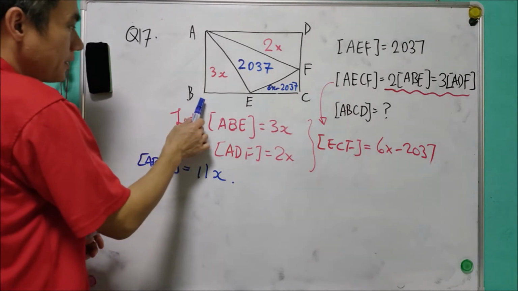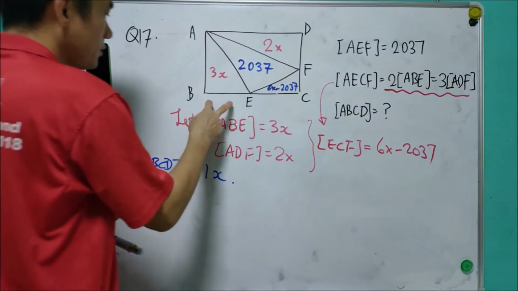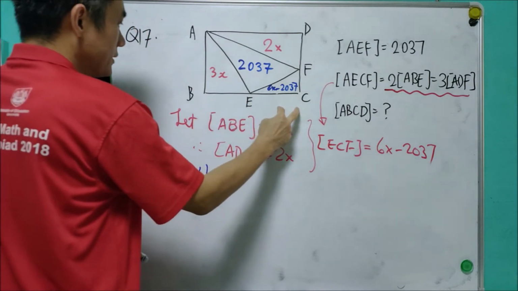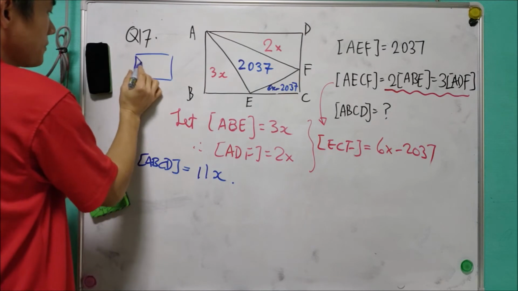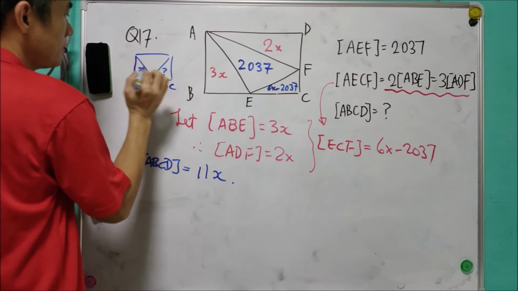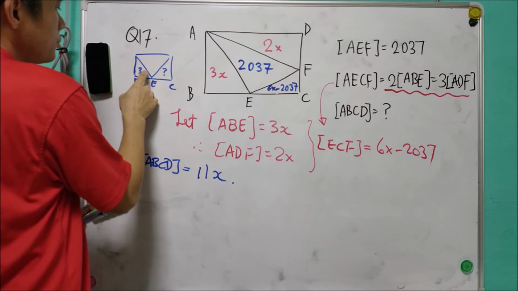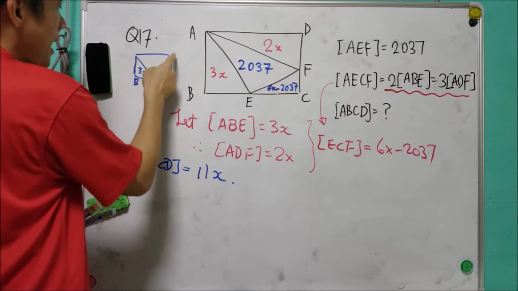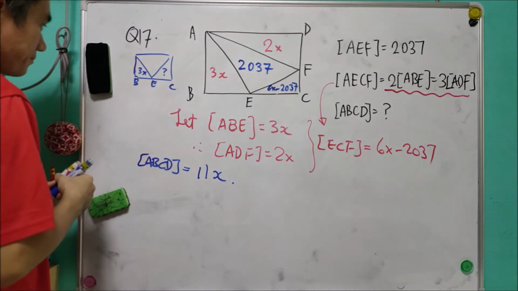We are going to find the ratio of BE to EC. In order to find the ratio of BE to EC, we will look at a small picture in this way. This is 3x, and this will be equal to some value of x. And we know that the area of these two regions will equal half of the total region, which is 11x.